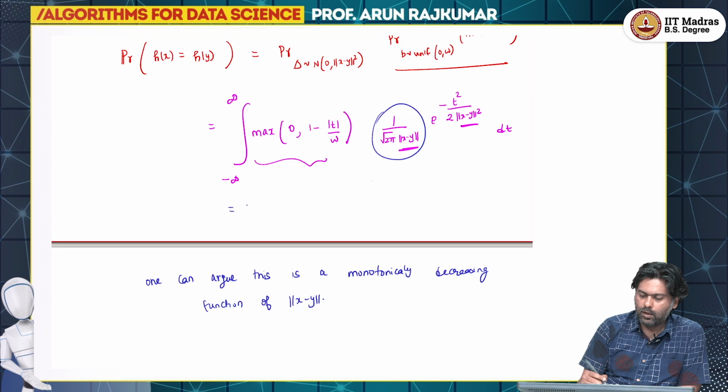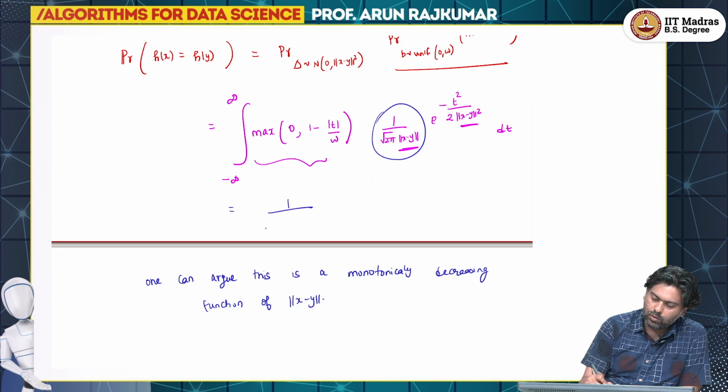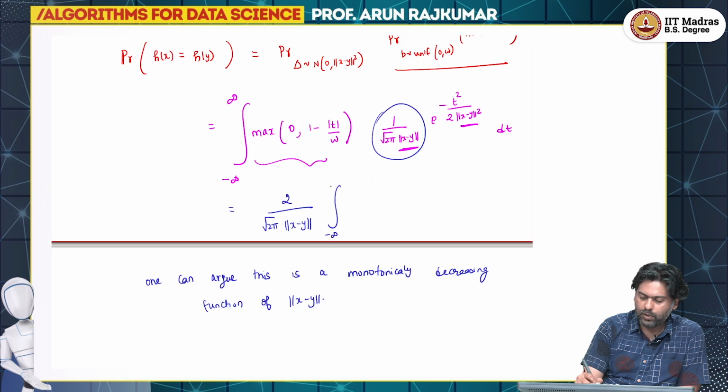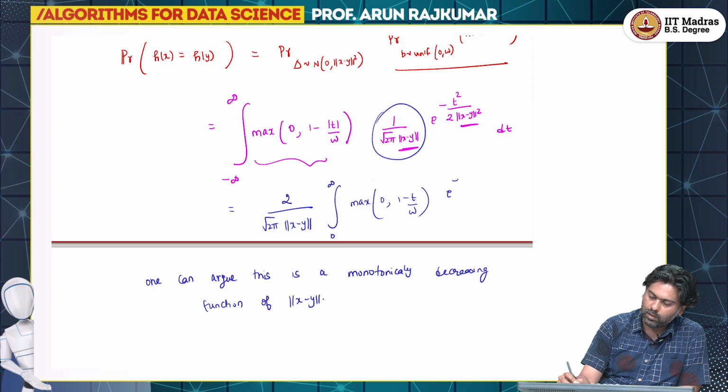You can also use the symmetric nature of the Gaussian to say the absolute value can go, and this can be written as 2 times, on both sides, rather 0 to infinity, max of 0 comma 1 minus t by W, e to the minus t square by 2 x minus y squared dt.